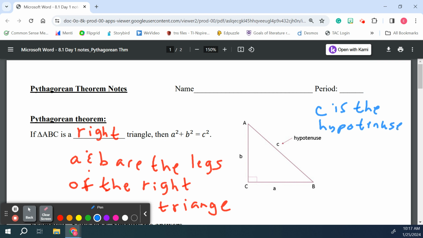The hypotenuse you will always find directly across from the 90-degree angle.